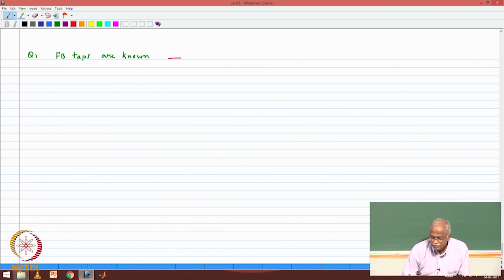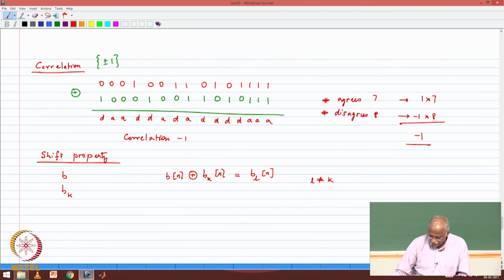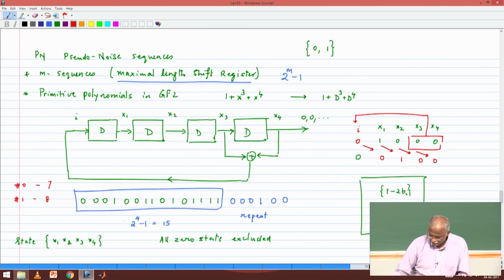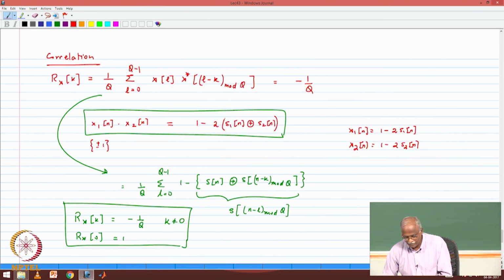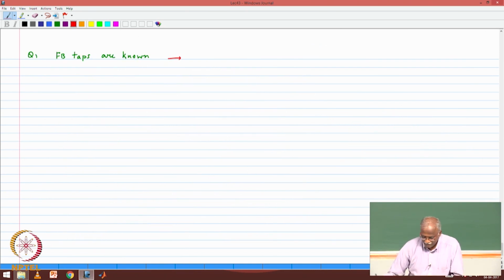Is the question clear? I have given you the shift register connections, but how many outputs should you observe before you can basically say, okay, now I can figure out the rest of the sequence? Think about that. You let me know the answer. So, how many outputs should I observe?